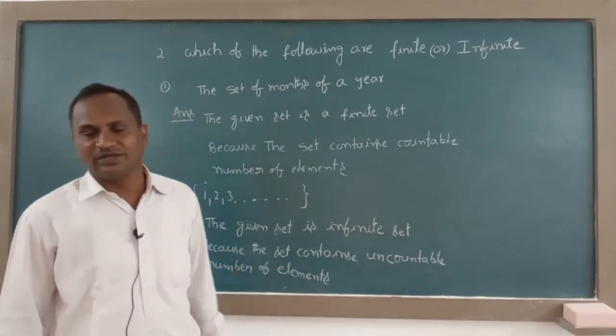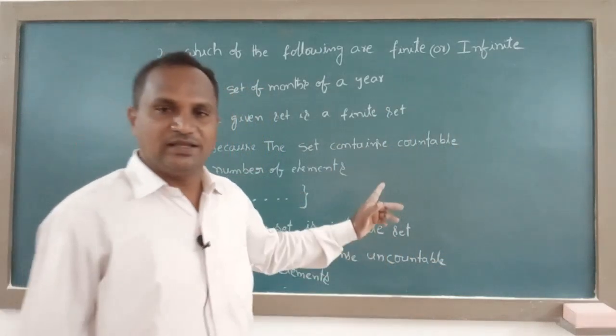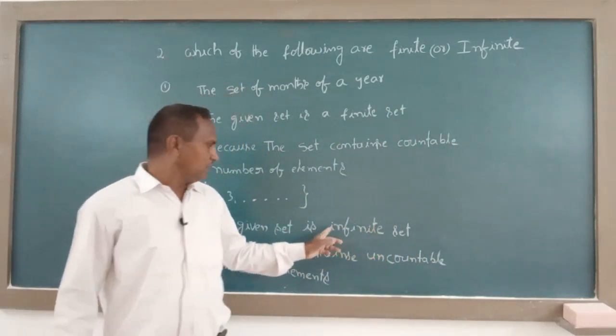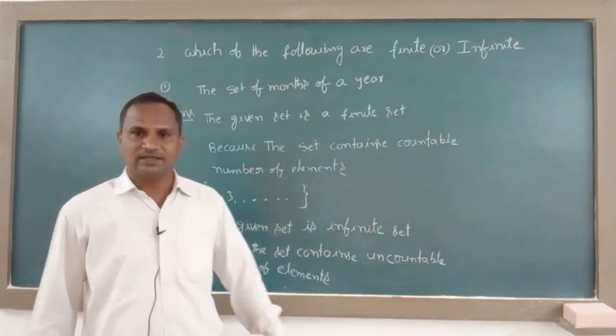We can't count them. Start from 1, but where it is stopping we don't know. That's why they represented it with the symbol up to and so on. That's the answer for the second question.